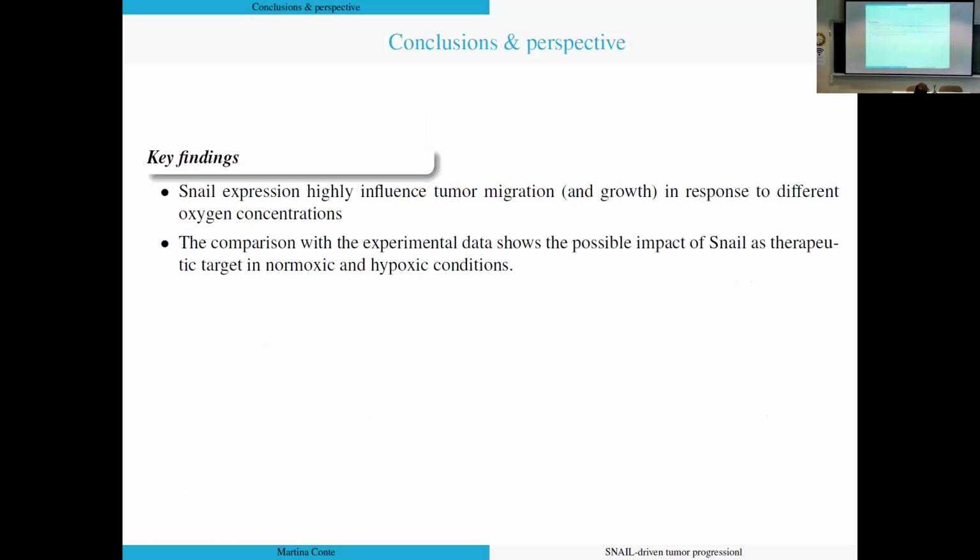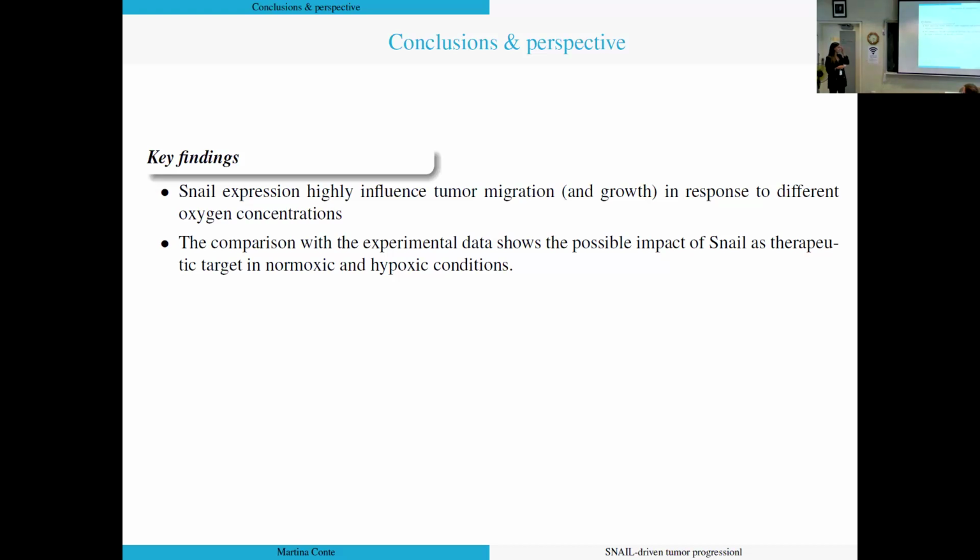Okay, so to wrap up, the key finding, or at least the key element we were able to get from this model, is that we were able to observe what has been observed experimentally. This interplay between hypoxia and Snail, and also to play a little bit with them to see how it's possible to tune one or the other in order to control the response of tumor cells.